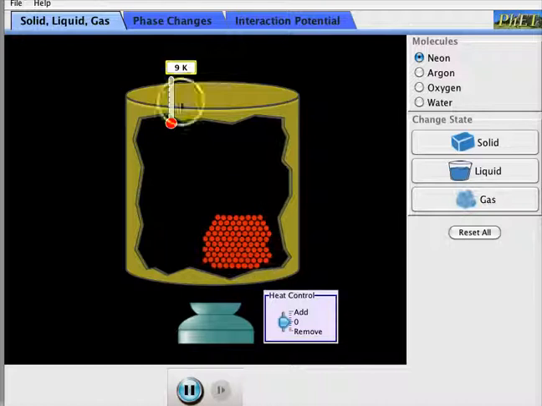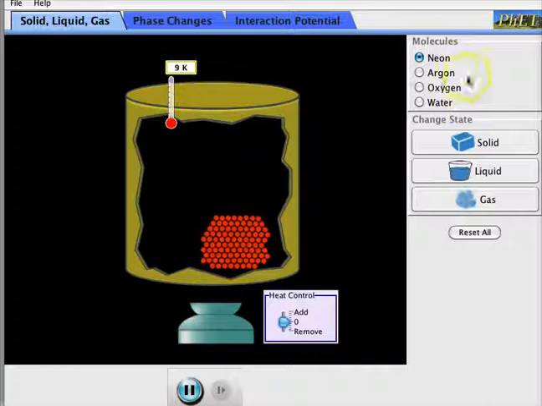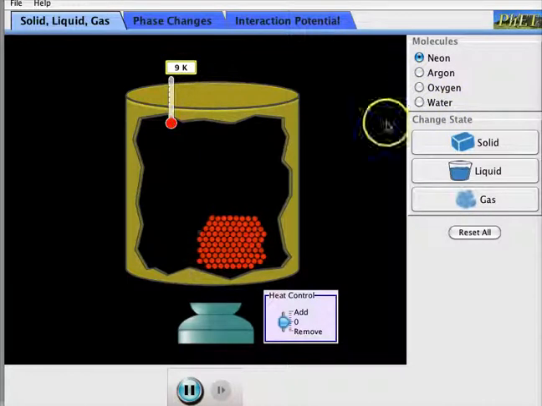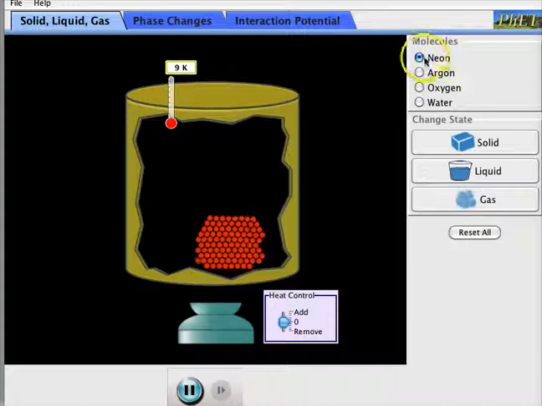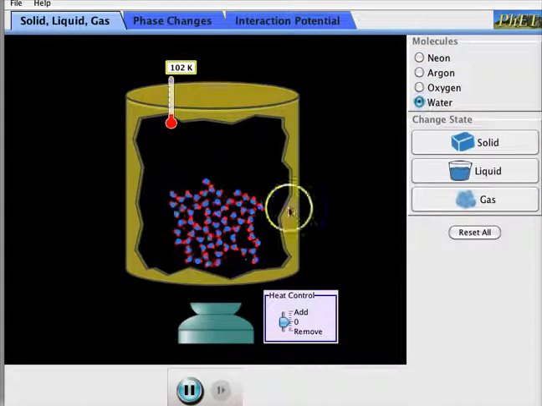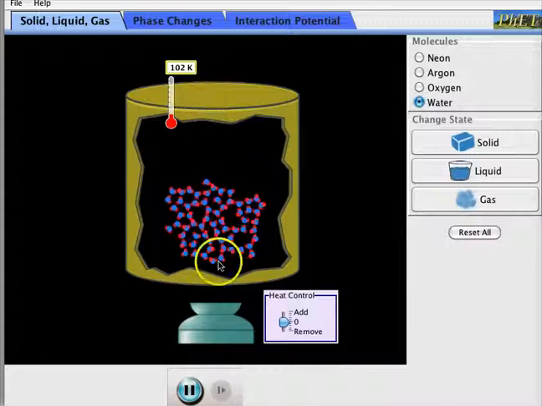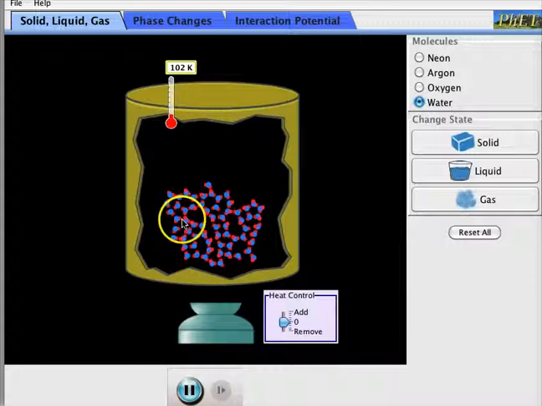So here we can see we have a container, we have a thermometer up here recording temperature in Kelvin, and inside this container at the moment we have neon, which is a type of gas at room temperature. Now I can click this to change it to water, and we can see here we have water particles, Mickey Mouse particles.